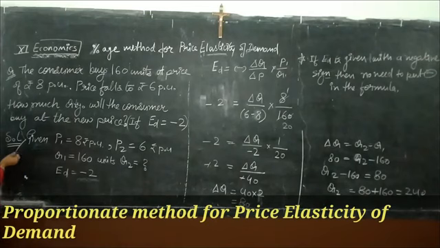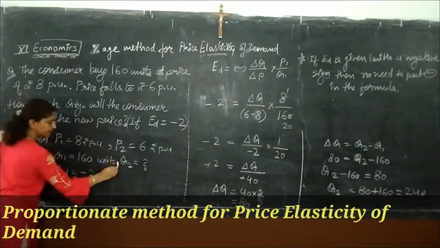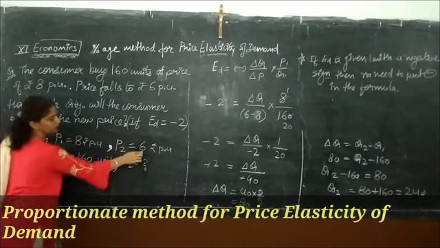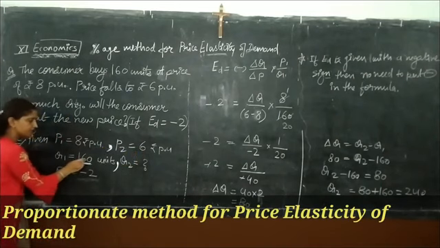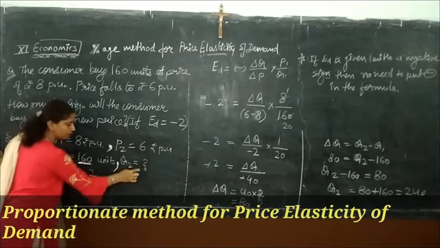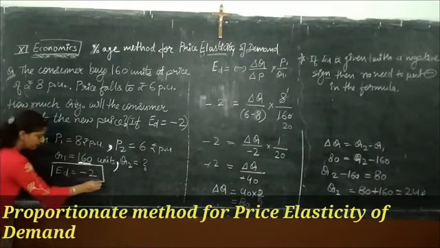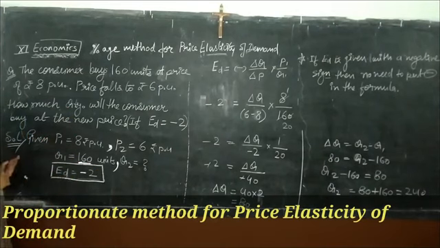First of all, we will write down all the things which are given in our question. P1, P2, Q1, Q2. As given in our question, P1 is rupees 8, P2 is rupees 6, Q1 is 160 units, Q2 is not mentioned. We have to calculate Q2, and elasticity of demand is given as -2.